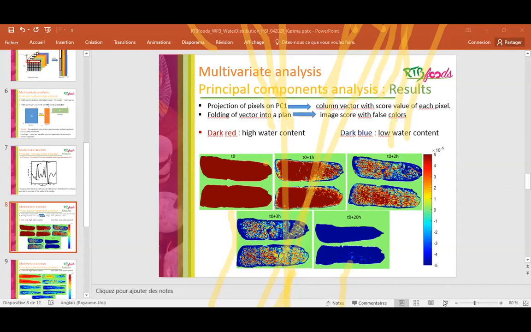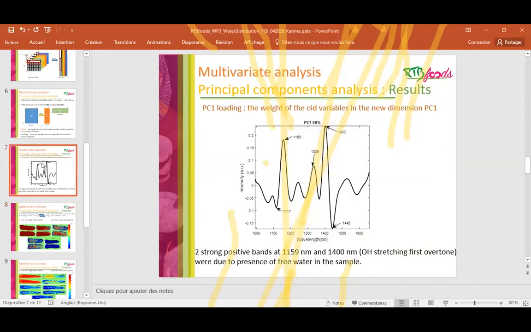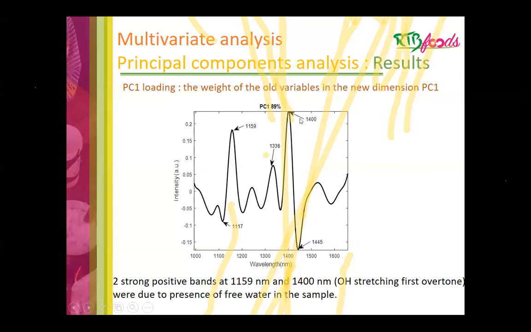It will explain another component. We use the component to explain your component. For example, here in the loading plot, I see that I have a positive band, a strong positive band of water.